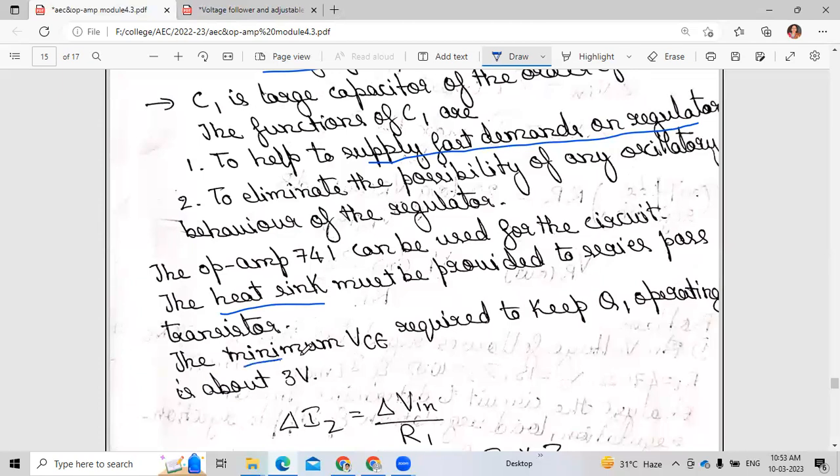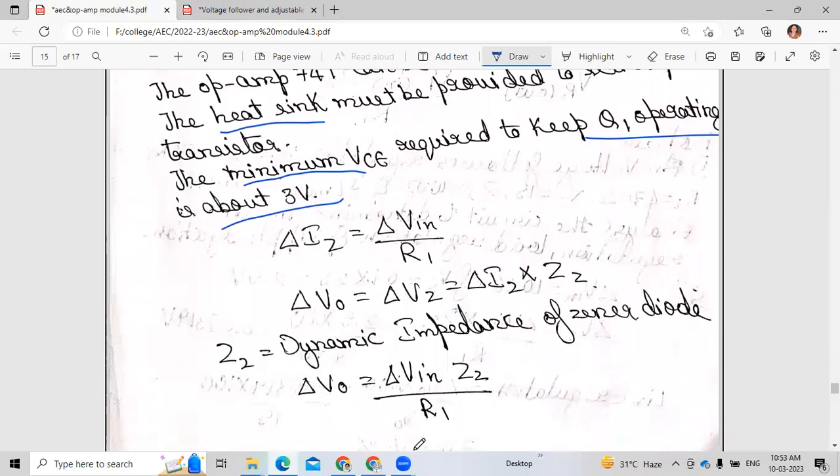The minimum VC required to keep Q1 operating is about a few volts, that is delta IZ equals delta Vin divided by R1.